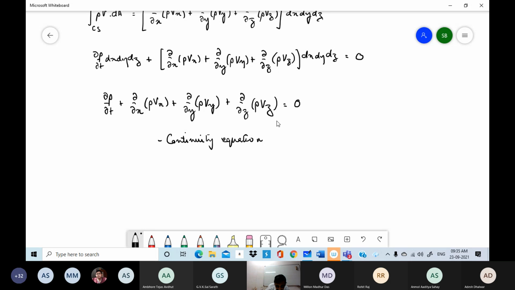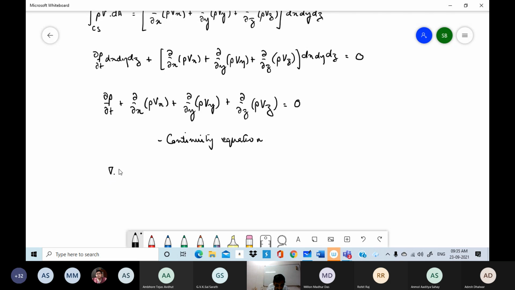Now these three terms, if you look at them, then you'll notice that this can be written in a compact vector form.